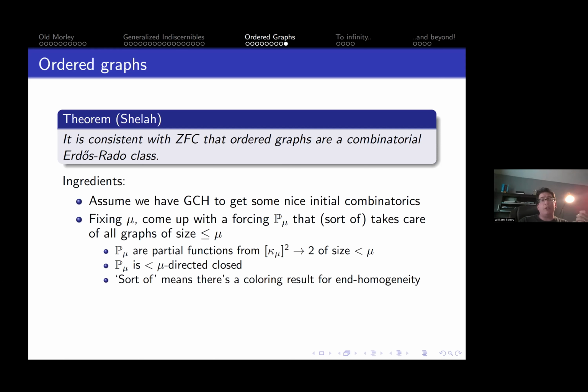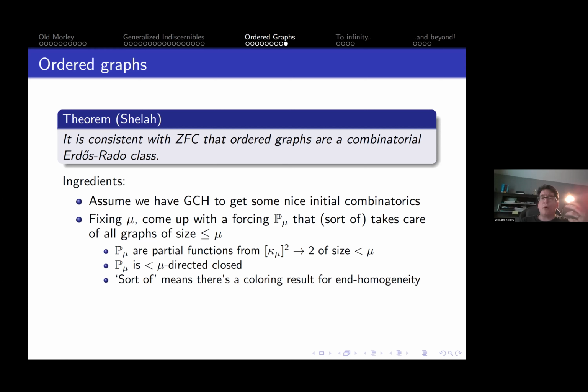They're partial functions from kappa into 2 of size less than mu. The important thing that will come up later is that it's less than mu directed closed, which means if I have a collection of partial functions that is a directed set and the whole thing is of size less than mu, their union is in the forcing.